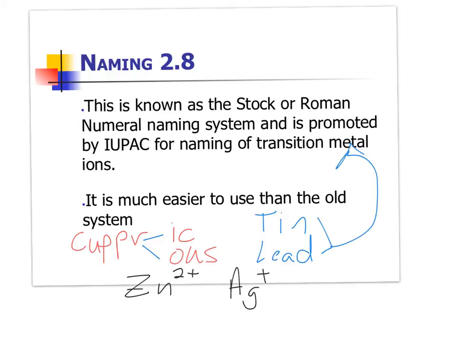It is common practice for a lot of reference materials to not use the Stock Roman naming for these 2 metals, because it's so rare that they would use anything else. I prefer that you always use the Roman numerals. You should not be counted incorrect because of that.